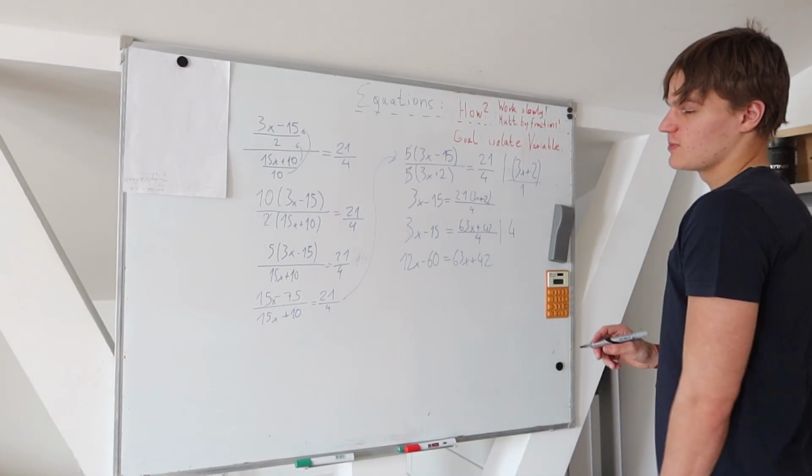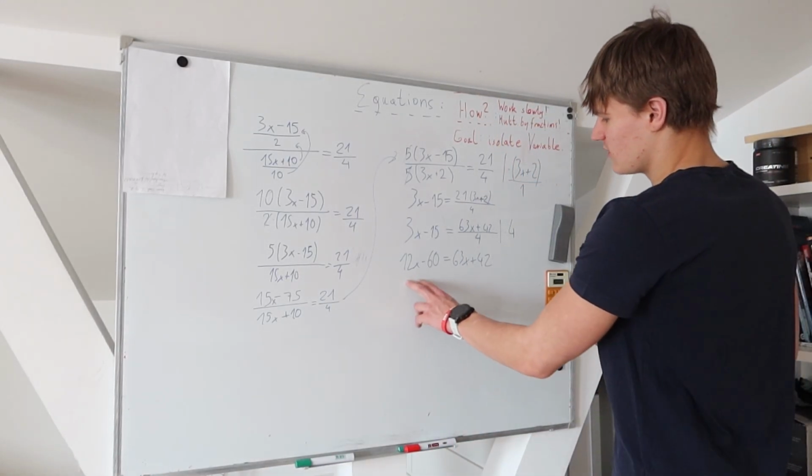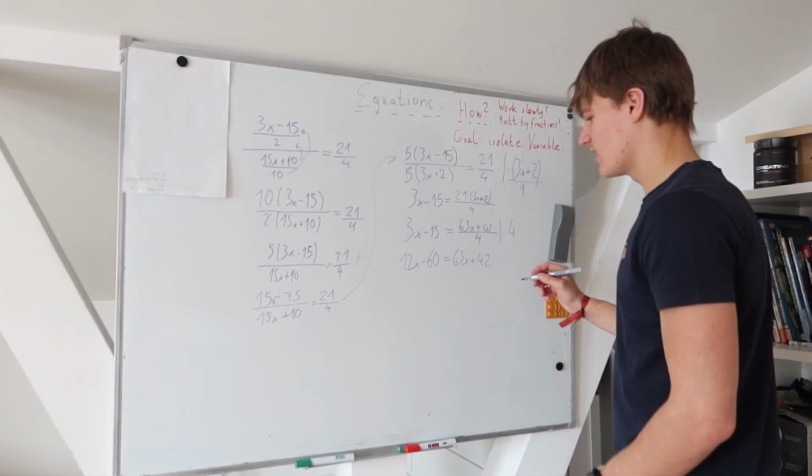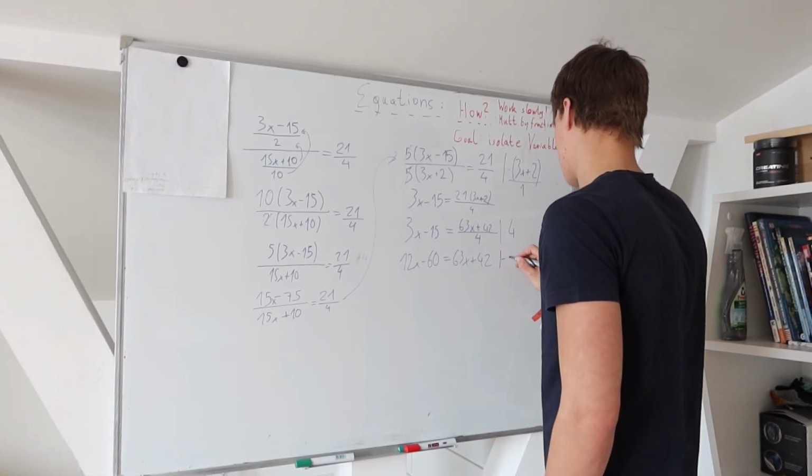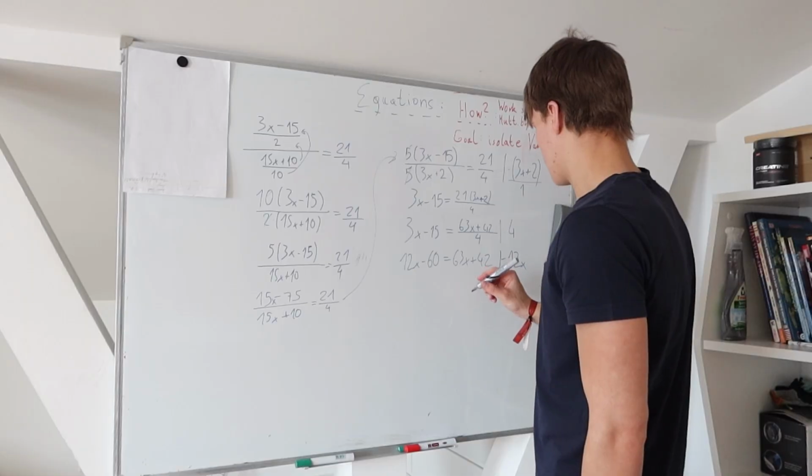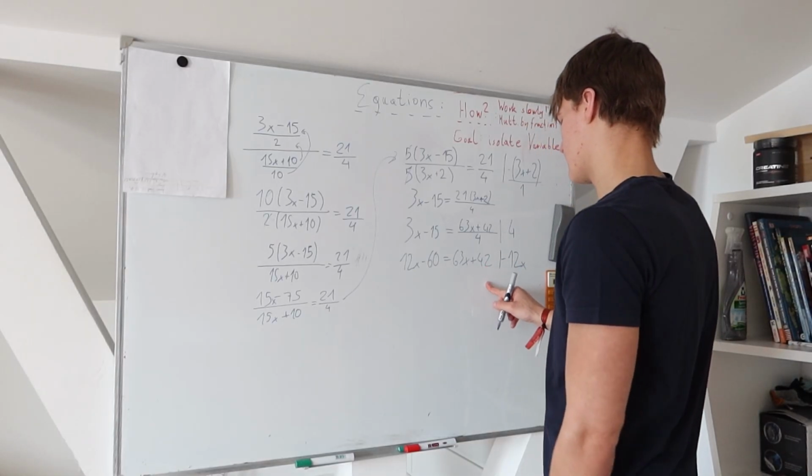And now it's just a simple game of putting this there, and I can do that for you guys, but I think you get the point. Minus 12x, and we have, what do we have?